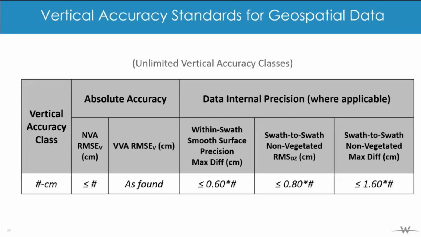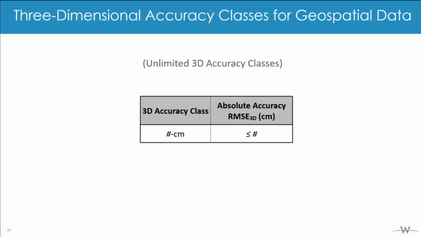If it's vegetation and people cannot see the ground, whether the operator or even the LiDAR cannot see the full open ground, then that's vegetated vertical accuracy. And we have the data internal precision for LiDAR, swath to swath, smooth surface, non-vegetated, which we don't use in photogrammetry, but is mainly for LiDAR.